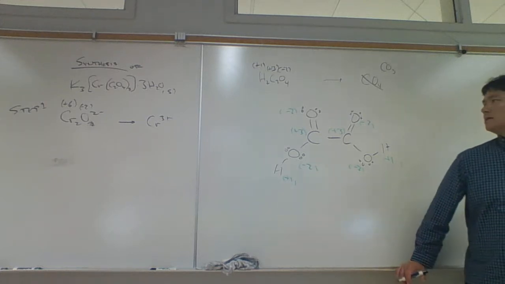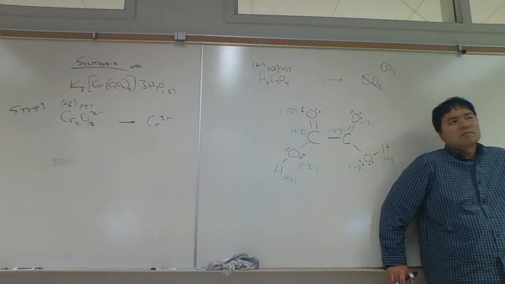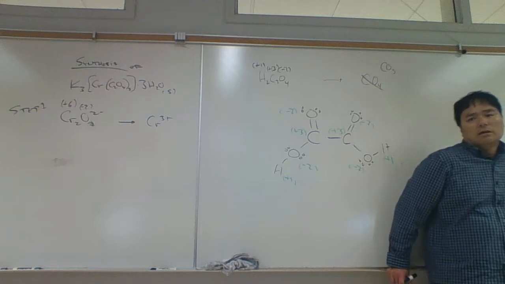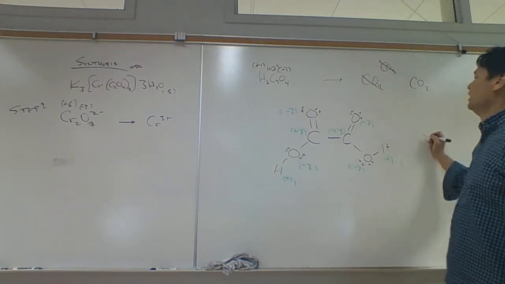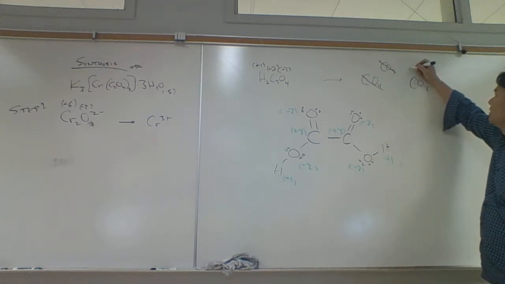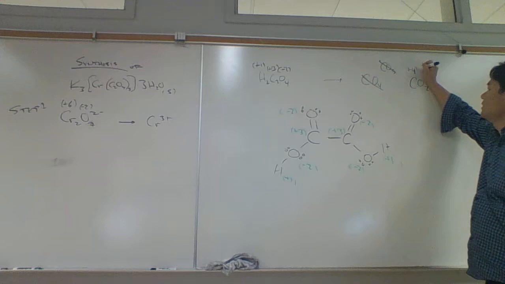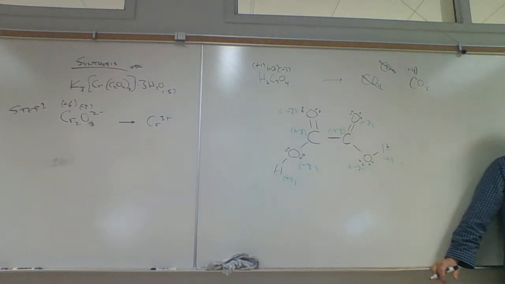If we completely oxidize it, that is, take that one remaining electron, what do you think the product's going to be? That's right. We should get carbon dioxide, because in carbon dioxide we've hit carbon at plus 4, so that last remaining electron is now gone.